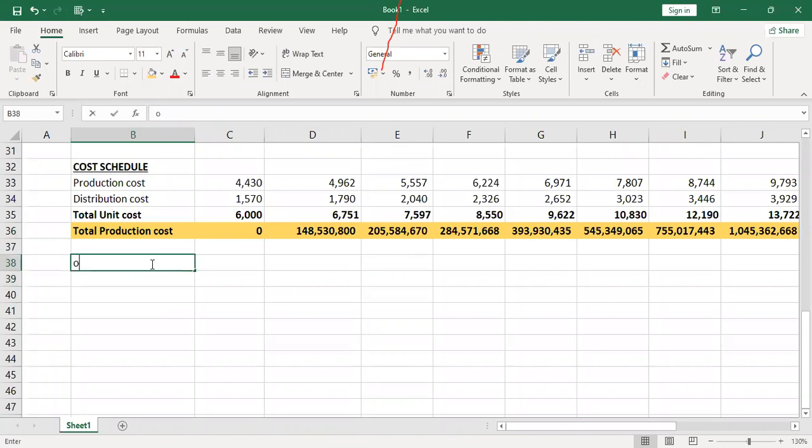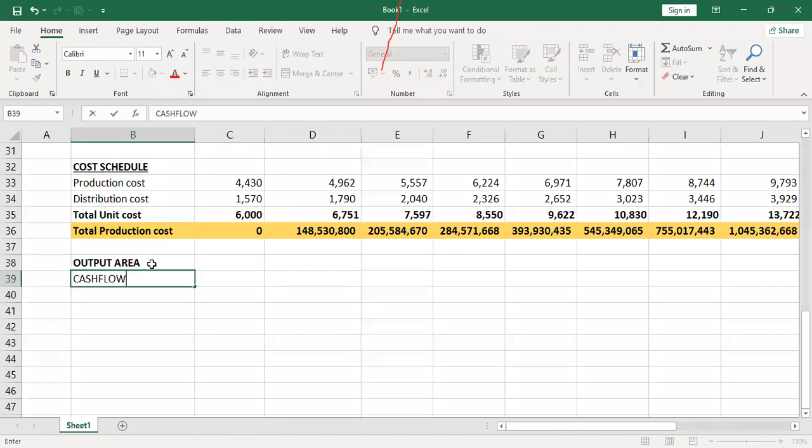So here we have the output area. In the output area, we have the cash flow schedule, then total cash inflow, total cash outflow.